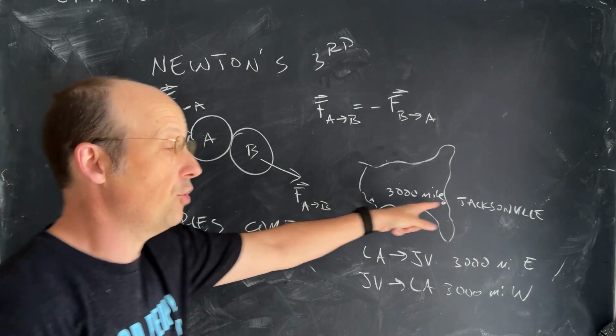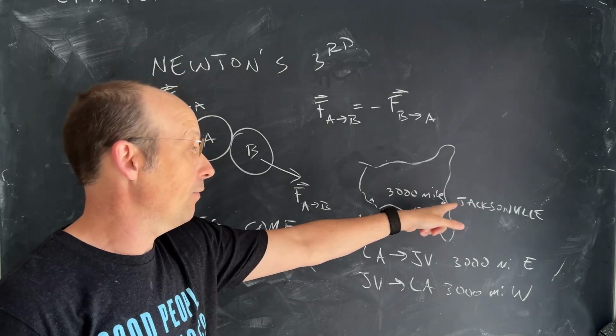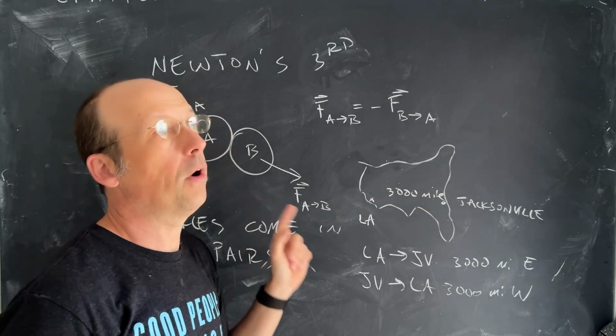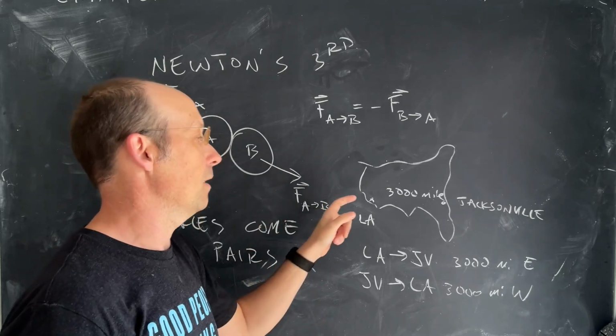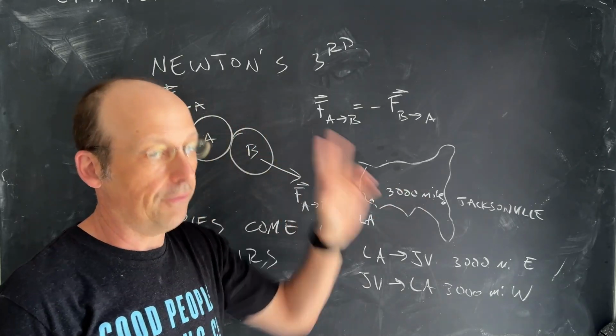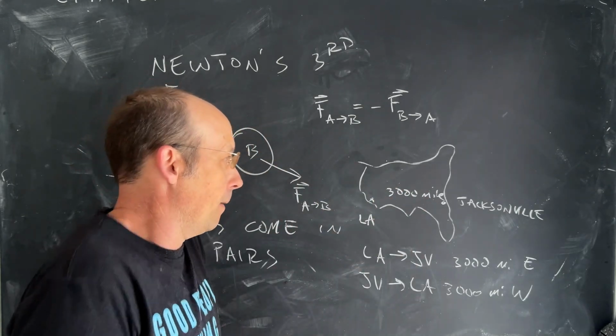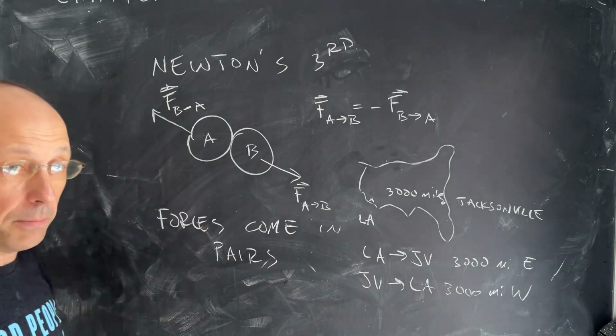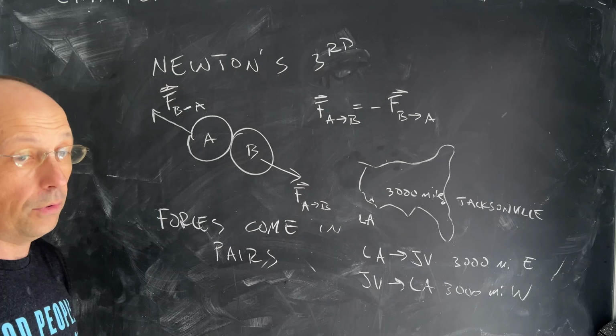If you go from LA to Jacksonville, it's east. Jacksonville to LA is west. And those are equal and opposite distances. It's the same thing with forces. The interaction between two things we can measure as a force, and they're going to be equal and opposite.